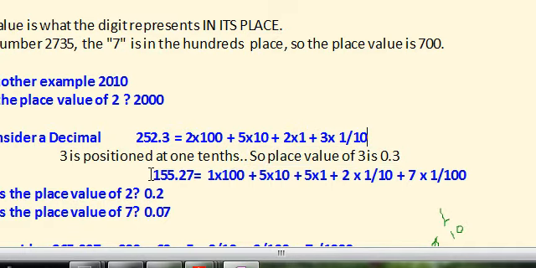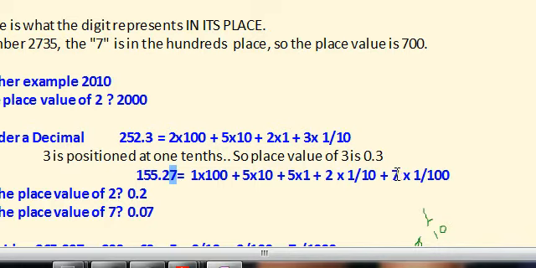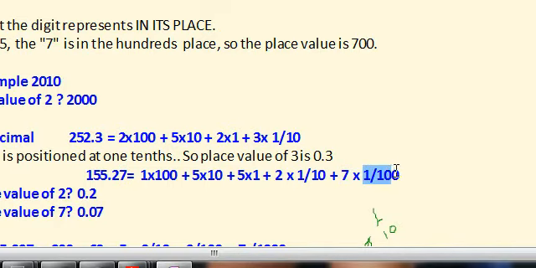Okay, let us take another example. 155.27. This is same as 1 multiplied with 100, 5 multiplied with 10, another 5 multiplied with 1. After this we are finished with the whole numbers. Now we come to the decimal part. In decimal part we have the first 2, and the first decimal place is 1/10th. Next digit is 7, and the next decimal position is 100th.